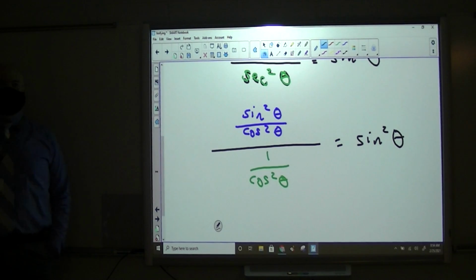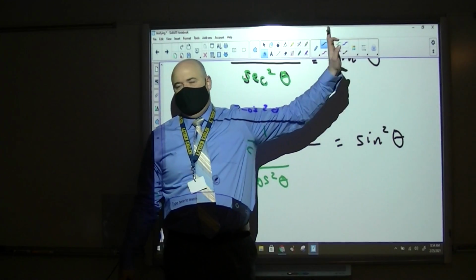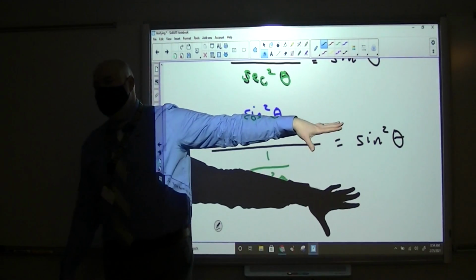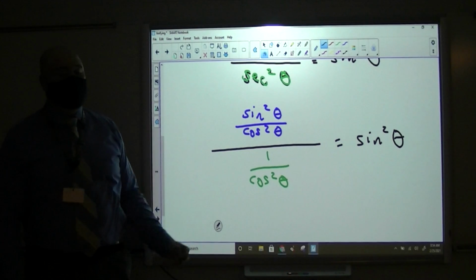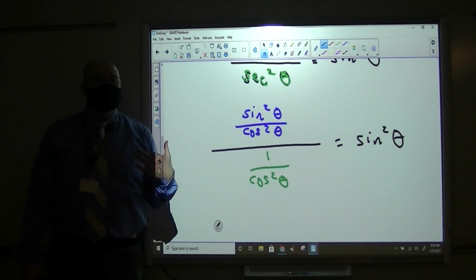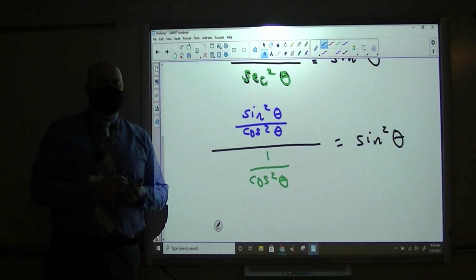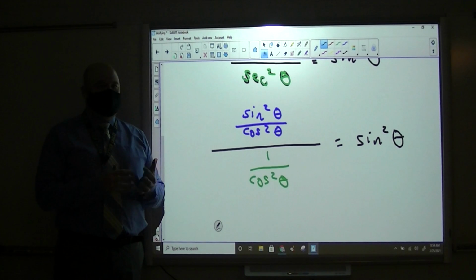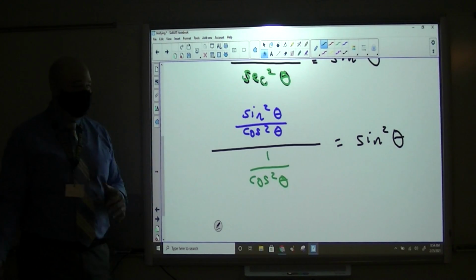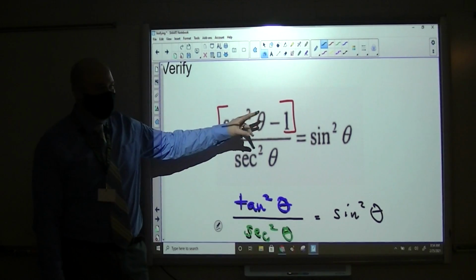So notice, all I'm doing over here is I just keep writing equals sine squared. I'm not really doing any math with that. I'm simplifying the complicated side. You're going to hear me say that maybe a couple times. Don't complicate something that's simple. Simplify something that's complicated. This looks way more complicated than that, so I'm going to simplify this.